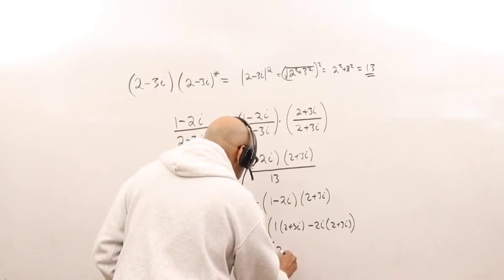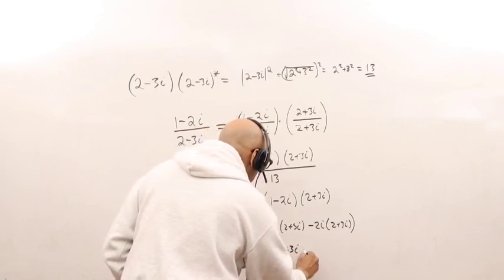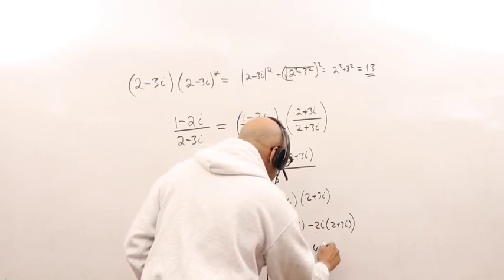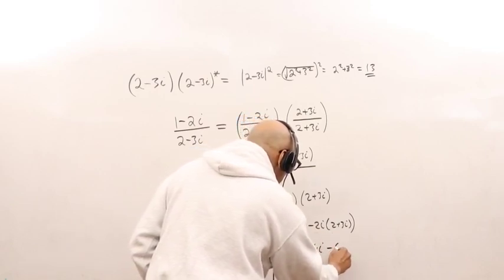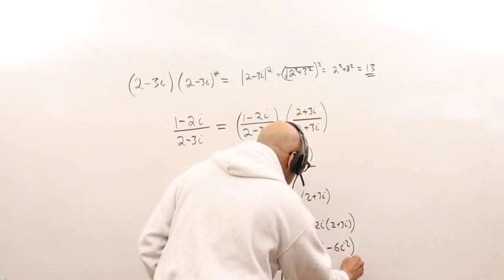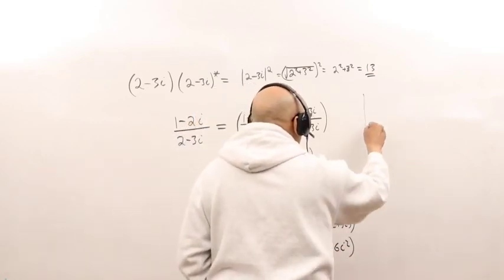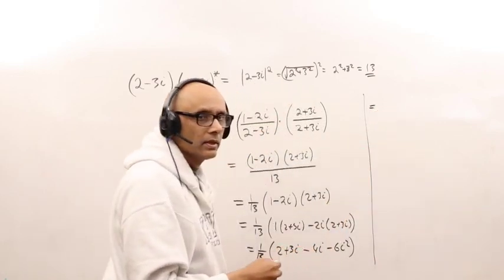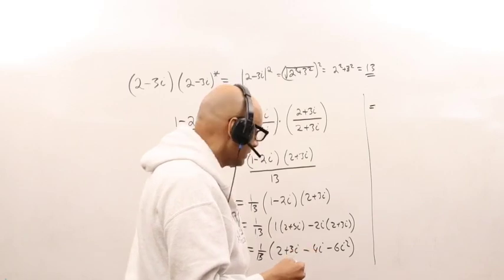So this is 2 plus 3i, minus 2i times 2, which is minus 4i, minus 2i times 3i, which is minus 6i squared. And I guess I'll continue this problem over here. Is there enough space? Yeah, there's enough space.